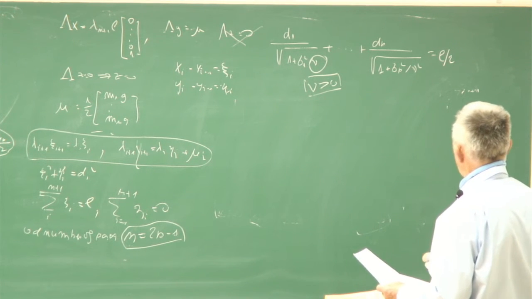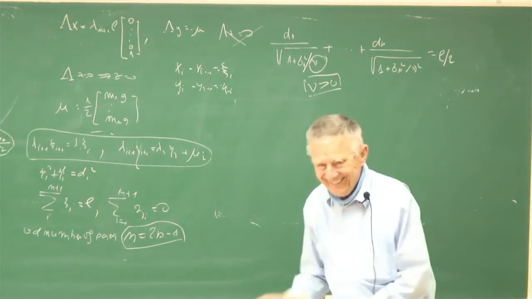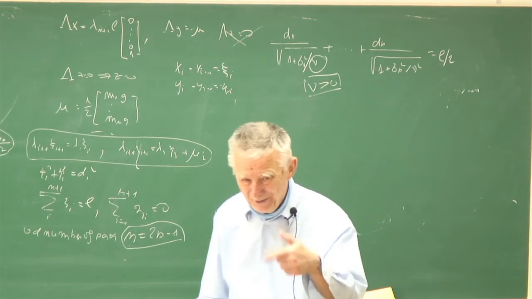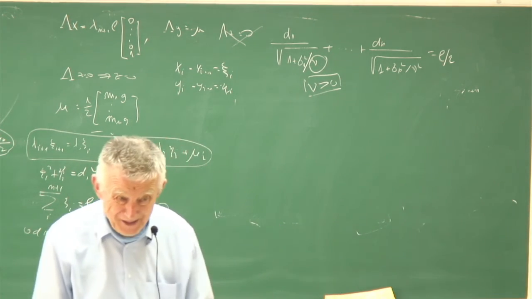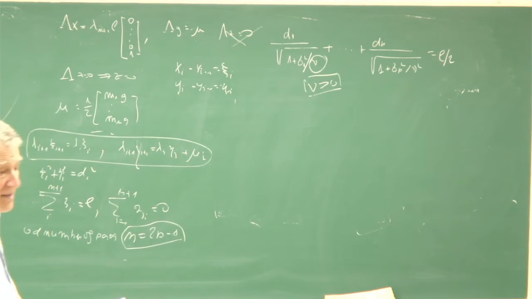Oh, is it? Oh, well, it is. That's the point. You have the inverse twice, so it's increasing. And it has only one solution, which you can find numerically easily by bisection.